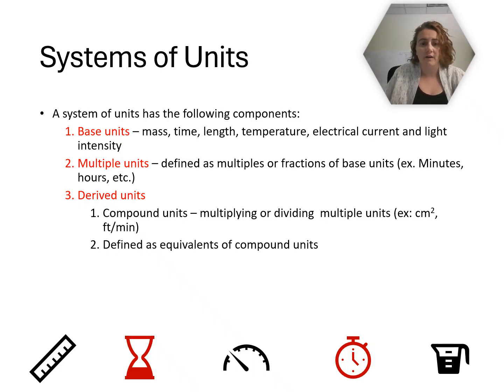So you can have things that are defined as equivalents and things that are found by multiplying and dividing units. For example, 1 Newton is the same as 1 kilogram times a meter per second squared, because we know that force is defined as mass times acceleration. A mass in terms of kilograms times an acceleration in terms of meters per second squared is equivalent to what we call 1 Newton.